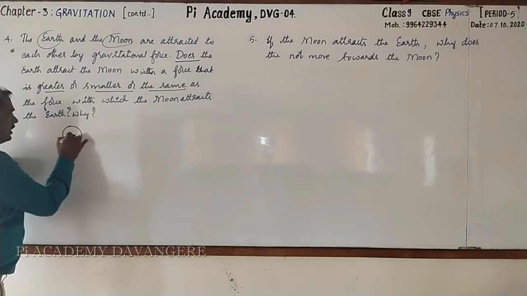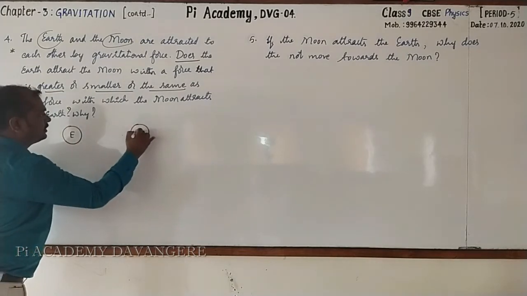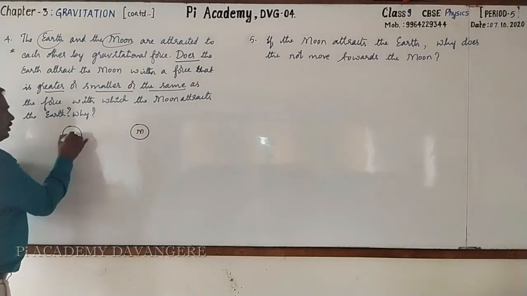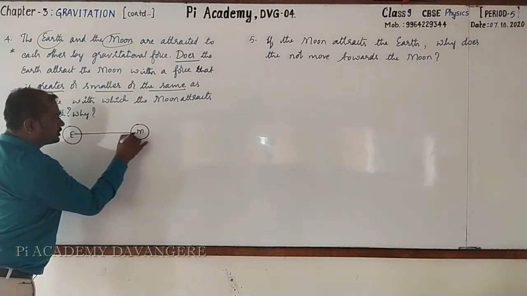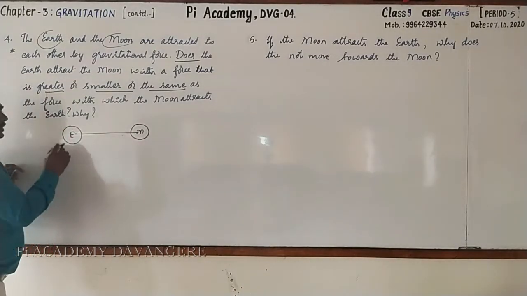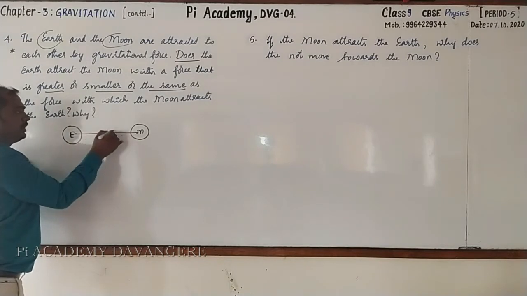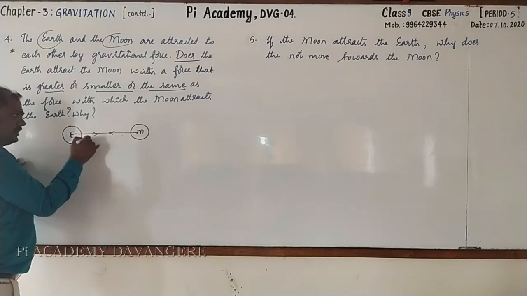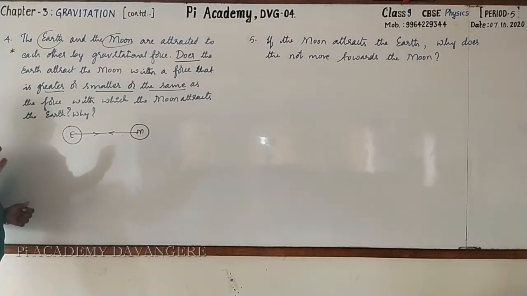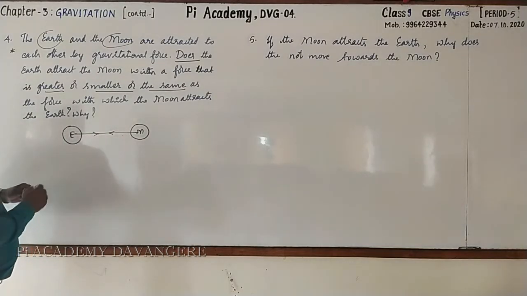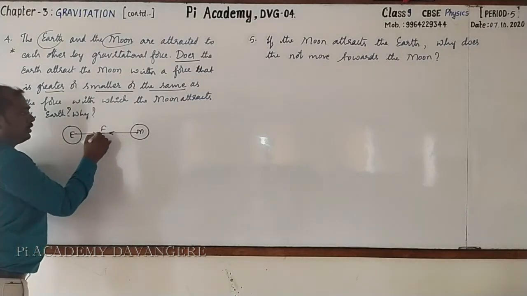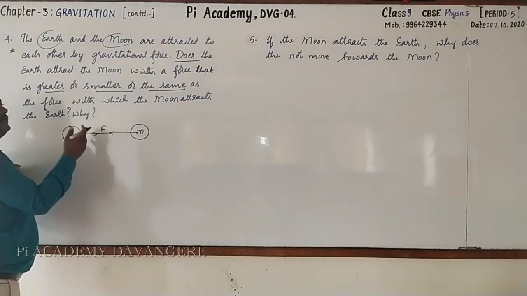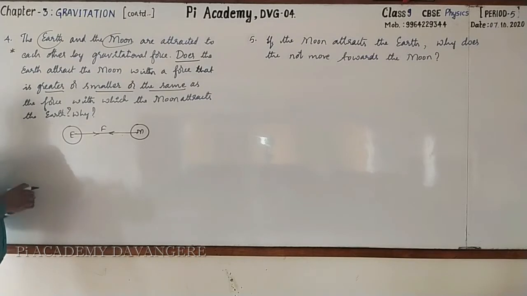This is Earth and here is the Moon. The gravitational force is acting between these two bodies. Earth attracts the Moon towards it. Moon attracts the Earth towards it. Right? And this force, whatever the force acting between them, is equal but opposite in direction.